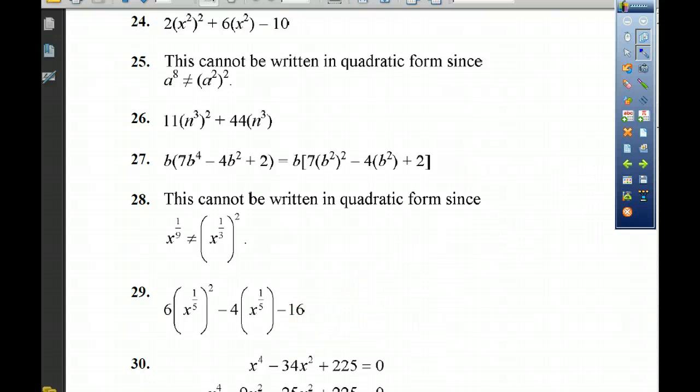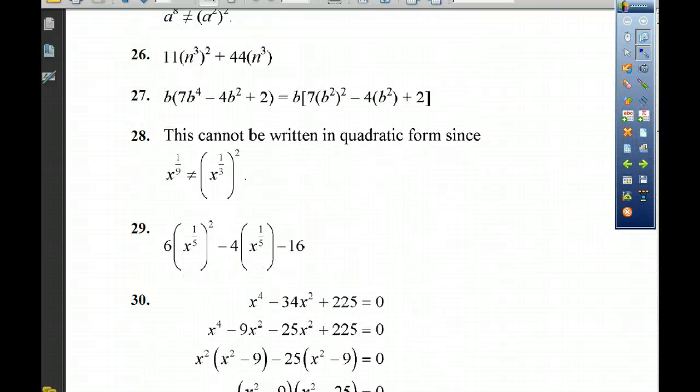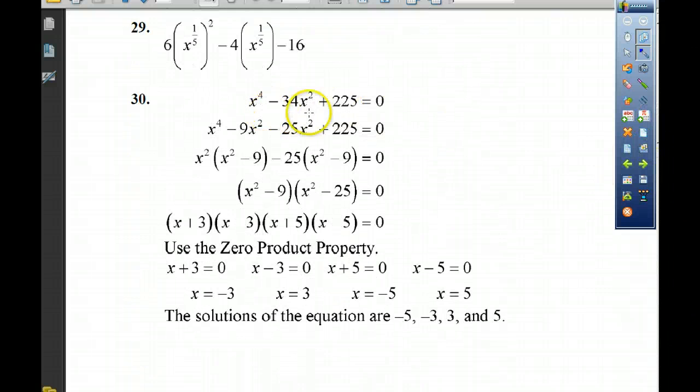When we get to 30, I'm just going to tell you to use the x and do it the same way you always would. So what two numbers multiply to 225 and add to negative 34? Use the x, but instead of getting x minus this, x minus that, you'll get x squared minus 9 and x squared minus 25, and you can solve them both.